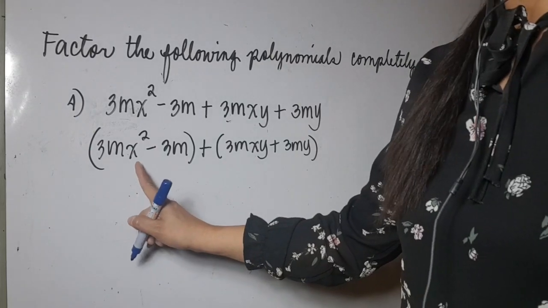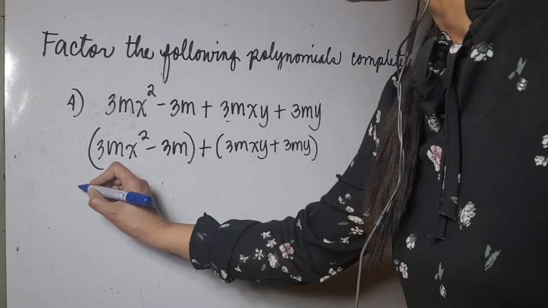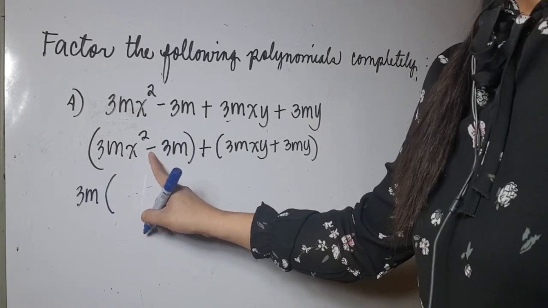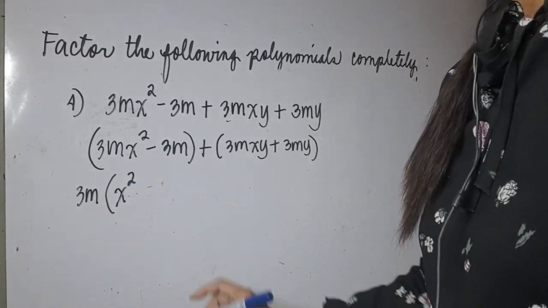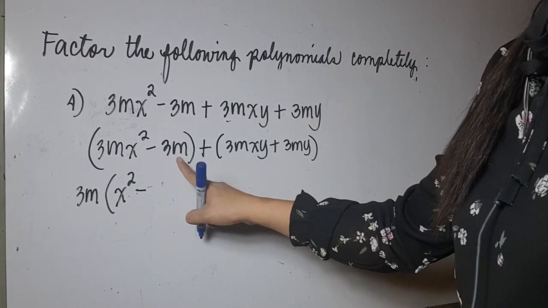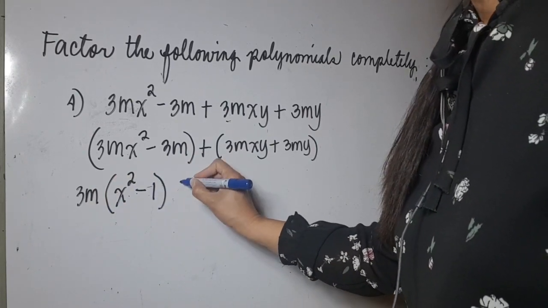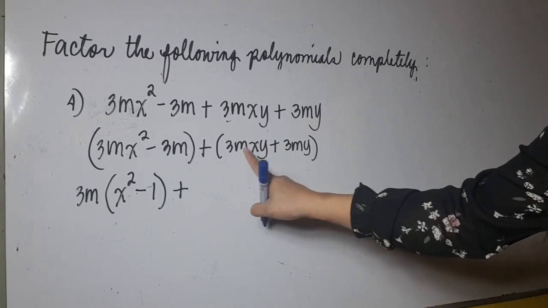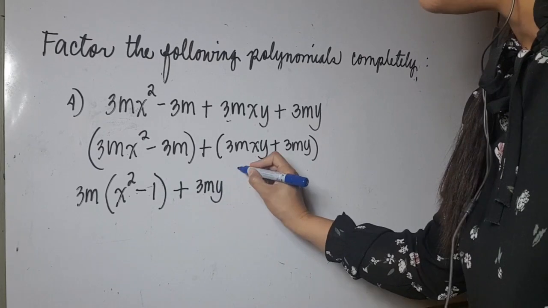Okay, now, with the first group, since ang common factor niya ay 3m, so 3m's x squared divided by 3m is x squared minus 3m divided by 3m is 1 plus the common factor here is 3my. Okay, 3my.